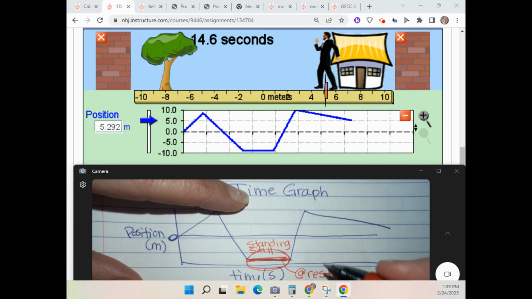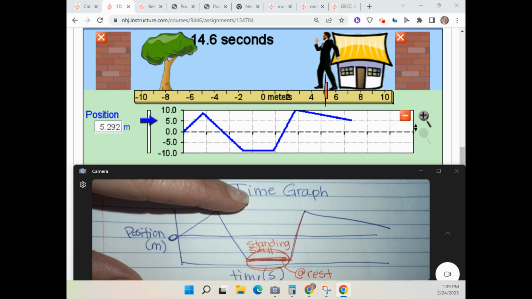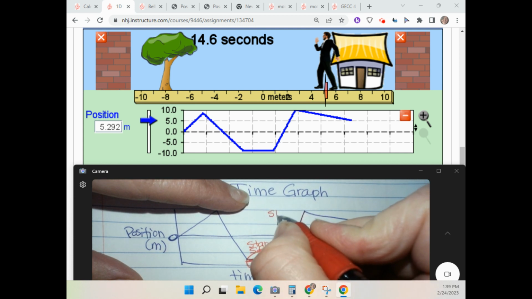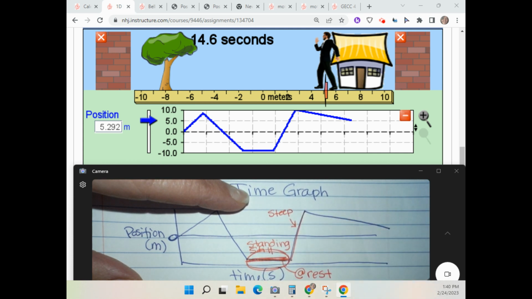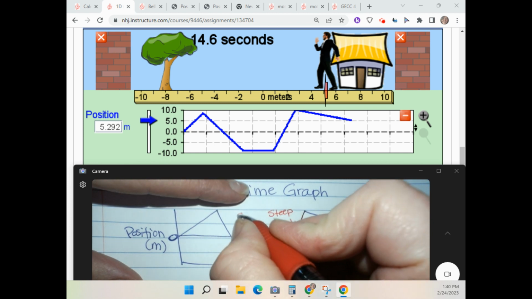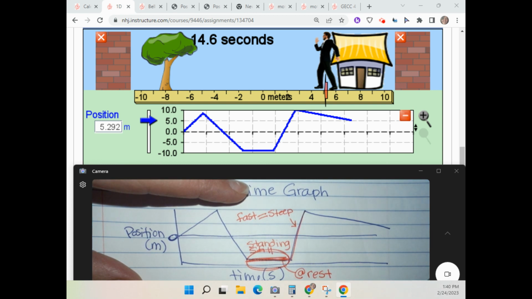And then we notice right here, this is a very steep line. And the velocity is really higher there. So we're going to say fast equals steep.